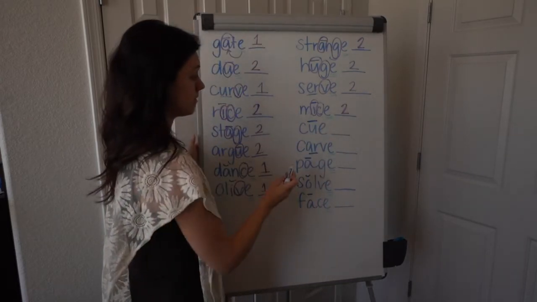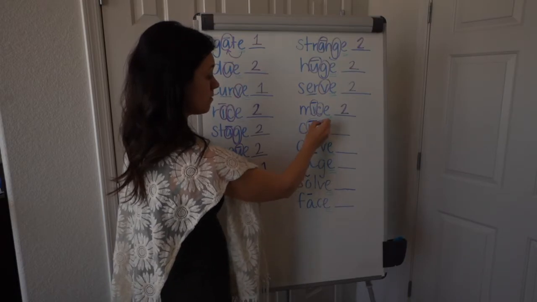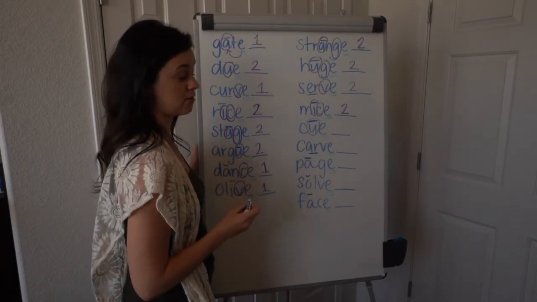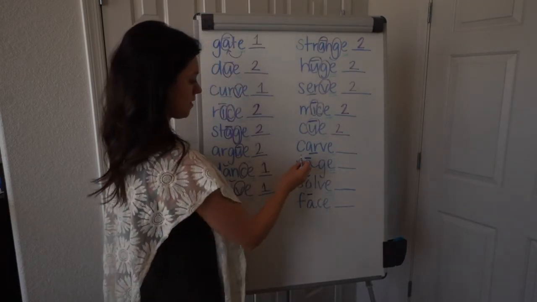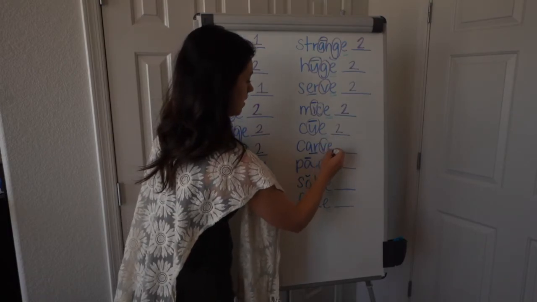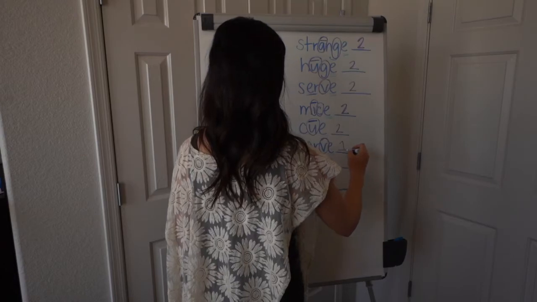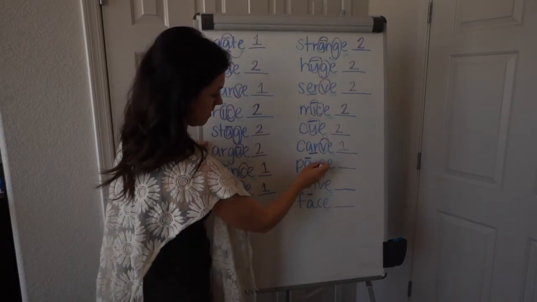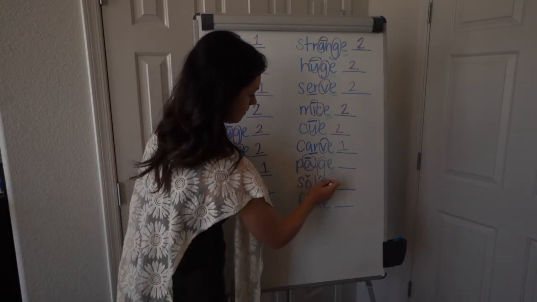For Q, U saying its long sound, but also we know that English words do not end in I, U, V, or J. So this one is going to have 2. For carve, we've got our R-controlled vowel. We have the V, and we can't end our word with V. So we're going to say 1. For this one, we see that our A, page, is saying its long sound, and our G is making it soft sound.